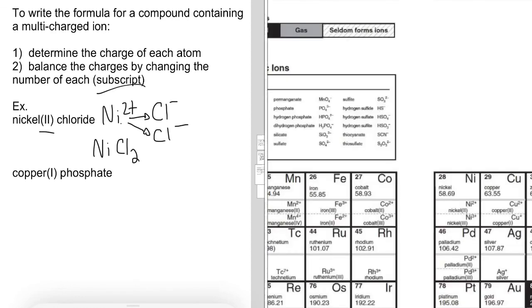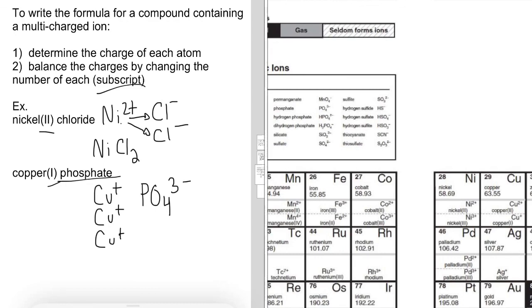That's the other one, copper(I) phosphate. Again, copper is Cu+. Phosphate is a polyatomic. It is PO4, and it carries a 3- charge, so it's looking to gain 3 electrons. Copper(I) is only wanting to give up a single electron, so we're going to need 2 more of those to make 3 total.